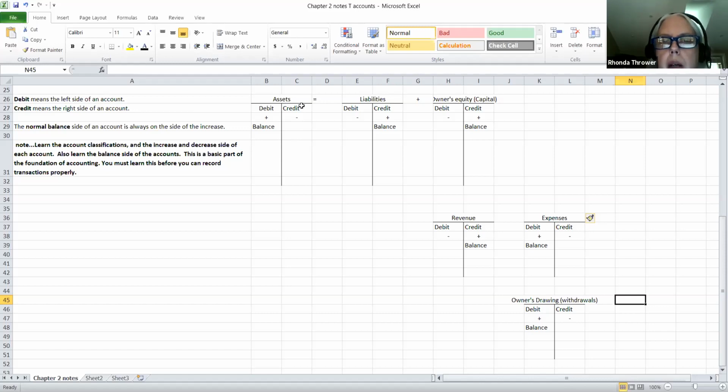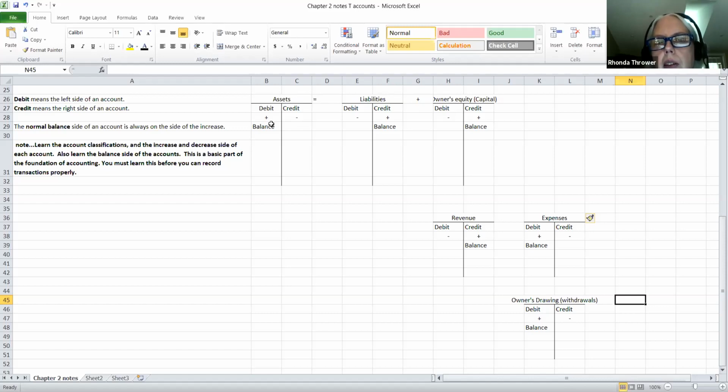If you will remember in the last chapter, we talked about the accounting equation. And in the accounting equation, the assets were on the left-hand side of the equals mark. You can see I plugged the equals mark in between these two accounts to show you that assets are on the left side and liabilities and owner's equity are over on the right side.